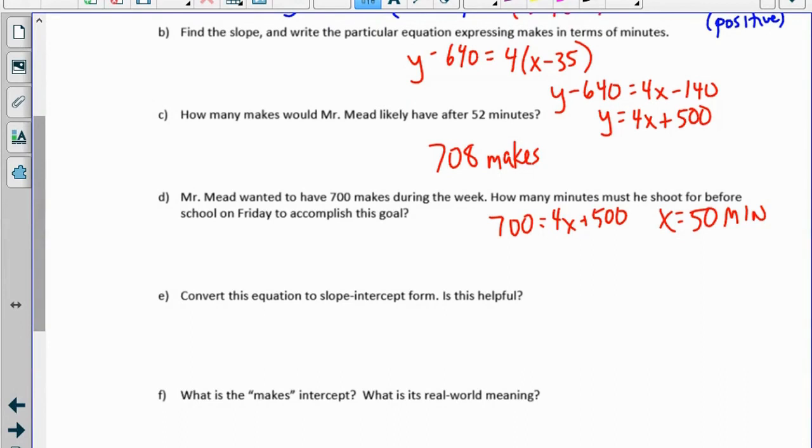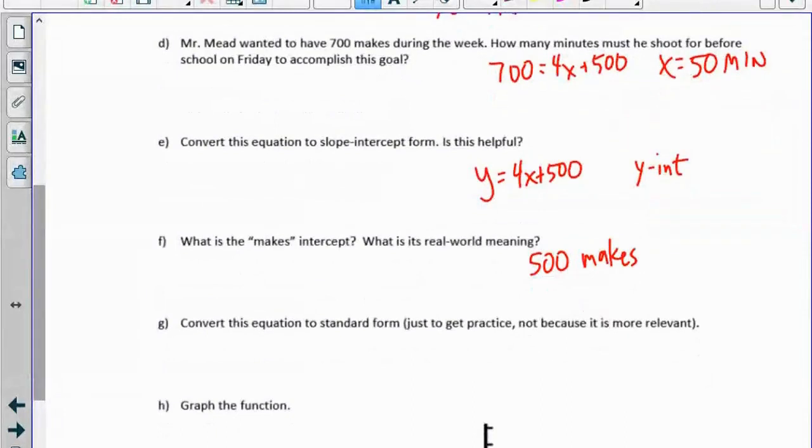Convert this equation to slope-intercept form. We already did that, so y equals 4x plus 500. Is it helpful? Yes, it is helpful. Why is it helpful? To get the y-intercept. And we already got that. Oh, hey, look, letter F asks for the makes intercept, 500 makes, which I could write as an ordered pair 0, comma 500.